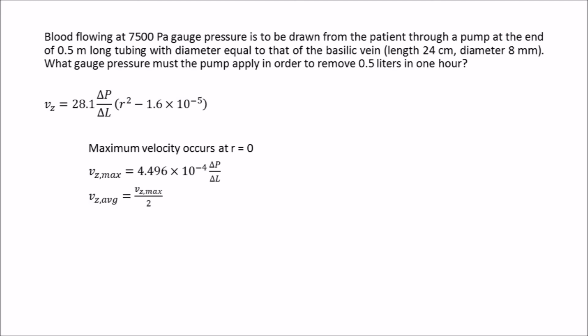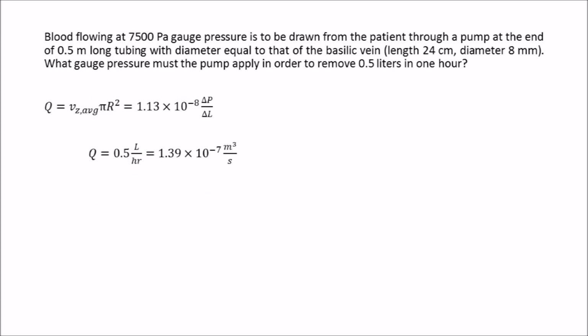Vz average for the laminar flow profile is equal to Vz max over 2, which results in the expression shown. And finally, we know that the volumetric flow rate is equal to Vz average times the cross-sectional area. Evaluating the area with the known radius of the tubing, we get our final expression for Q.